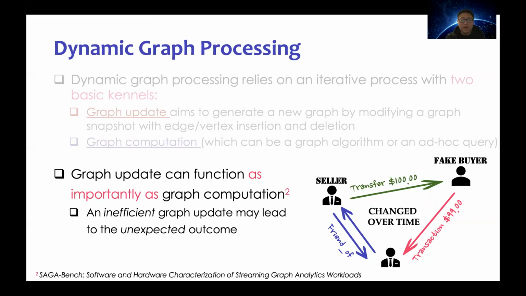An example is financial fraud detection, which aims to find fake transactions using ring detection on dynamic graphs. In this case, a slow update may cause the ring detection to operate upon an outdated graph such that the results can be inaccurate or even useless.